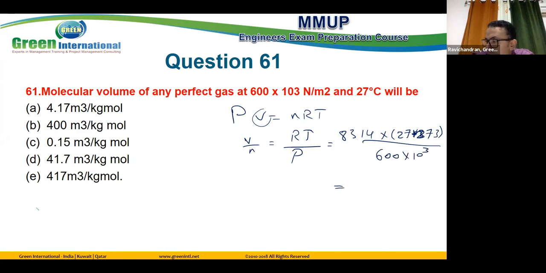So the correct answer is 4.16, answer A. This R bar, the general gas constant, 8314, is a famous value in standard units that you should remember.